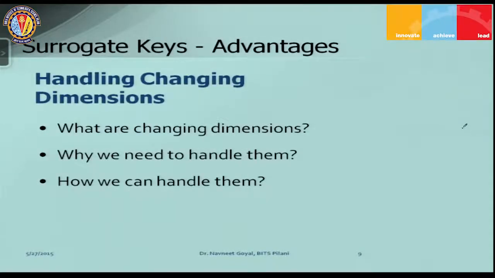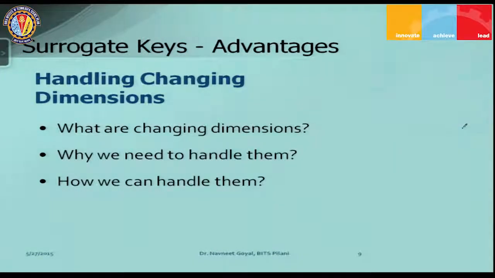Before that, let me give you some idea. Changing dimensions means that if any attribute in any of the dimension records changes, that change has to be recorded. In operational systems, as you know, if there is a change, I will simply override the value and keep the new value. I don't care about the earlier value in most cases.